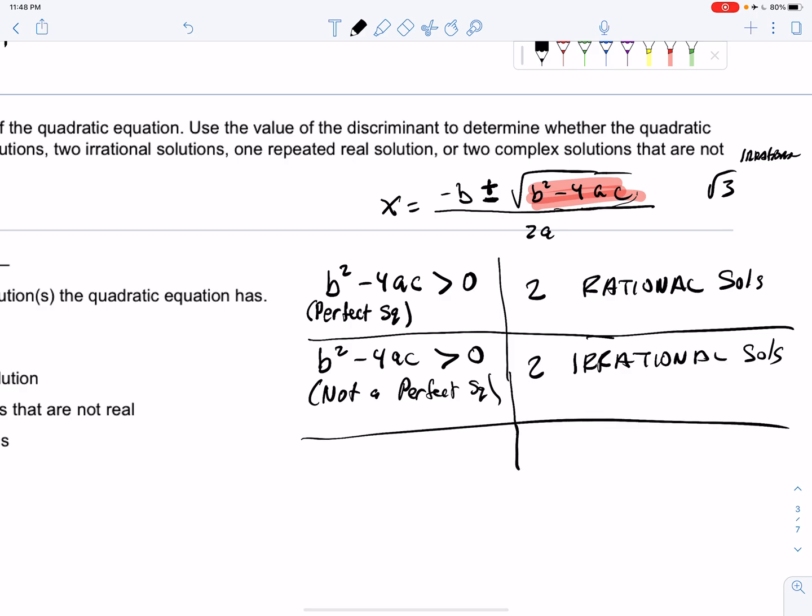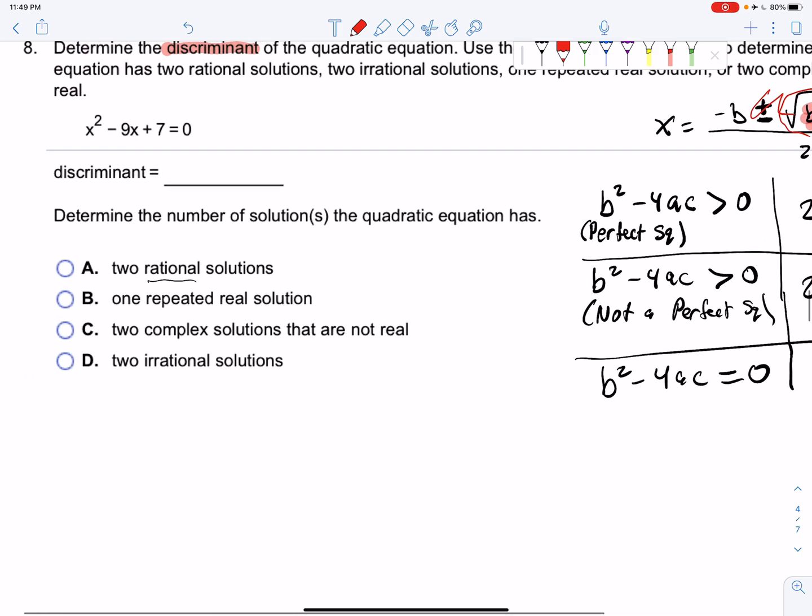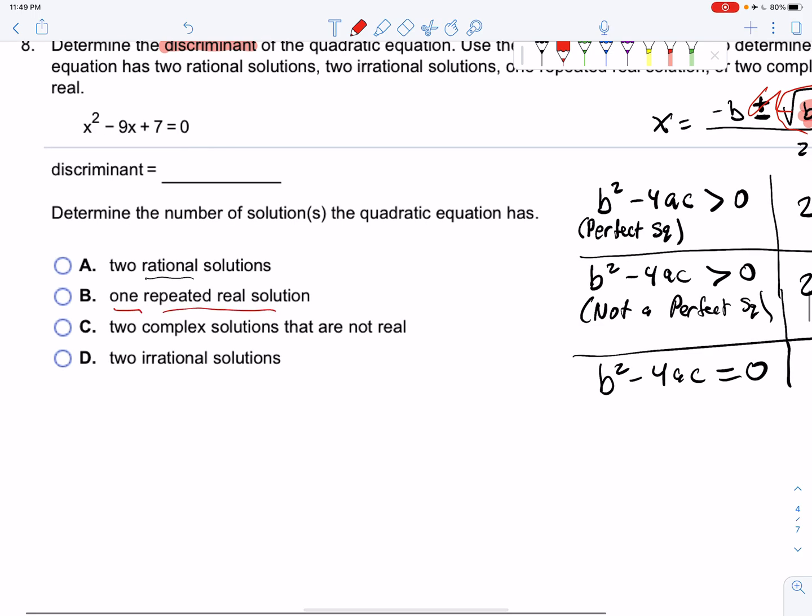Well, okay, I think we got it figured out for when the discriminant is bigger than 0. What if the discriminant b squared minus 4ac is actually equal to 0? Well, if this guy right here is equal to 0, then it's plus or minus, and you can't have plus or minus 0, so that part goes away, and you're just left with negative b over 2a, which is just going to be, where are my options? 1 repeated real solution.